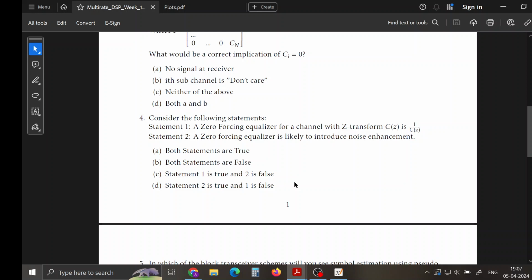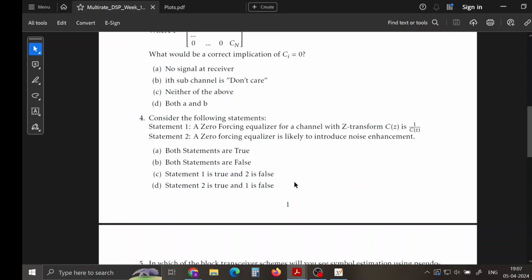So if c of z is very small due to that noise component, 1 upon c of z, the reciprocal, will overshoot to a very large value, and that noise is getting amplified, boosted up, which is an undesired effect.